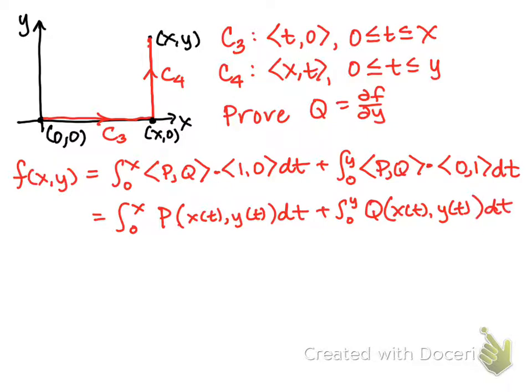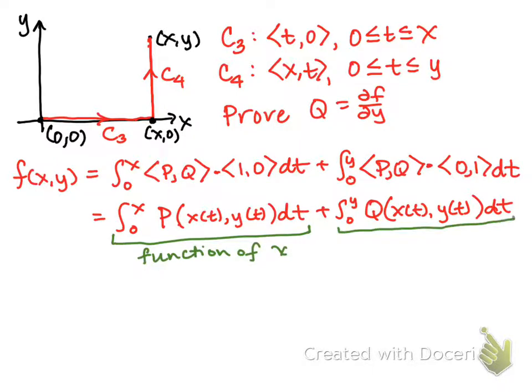And again, after you integrate, the first integral is going to give you a function of x, and the second integral is going to give you a function of y. And so now I'm trying to prove that the partial derivative with respect to y is equal to something. So I want to differentiate with respect to y.